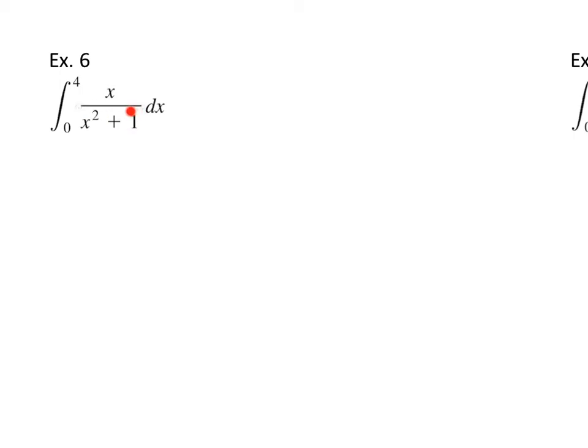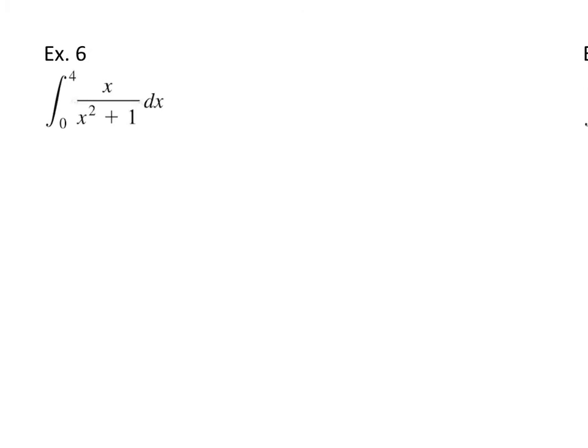Trying to figure out what to choose for u, I need to look for a function and then identify where the derivative of that function is. Because my denominator is a function and my numerator is a form of its derivative, I'm going to use my denominator as my u value.